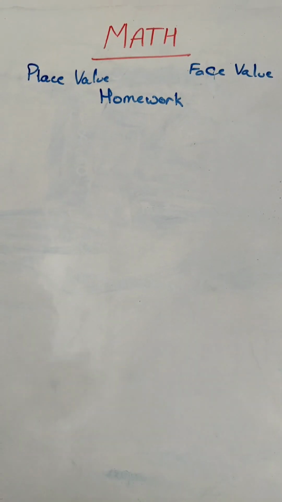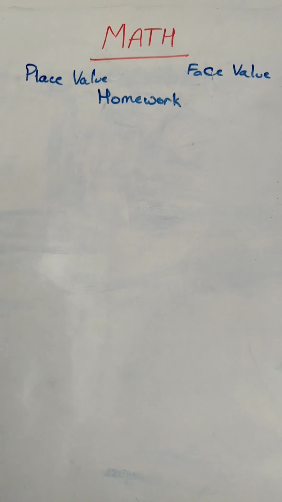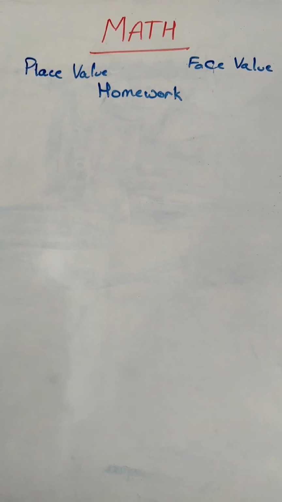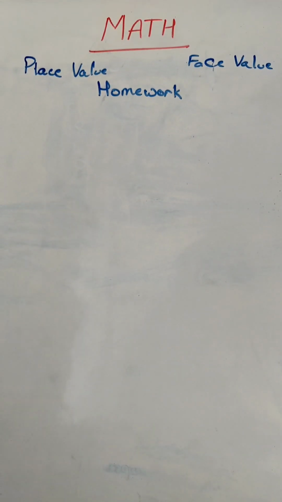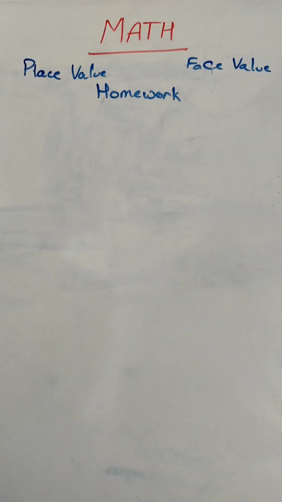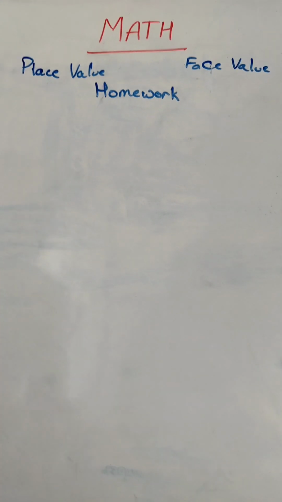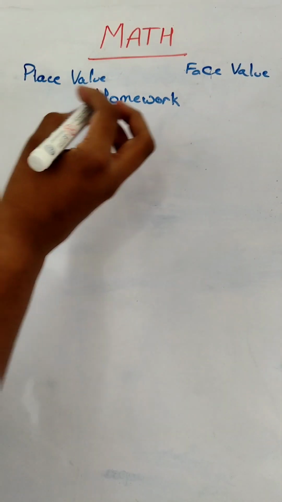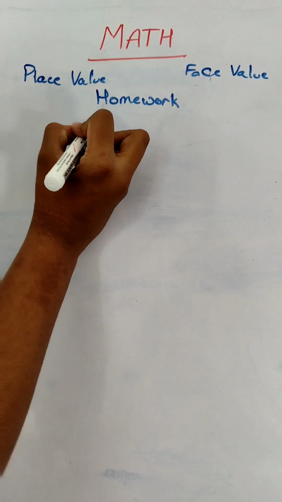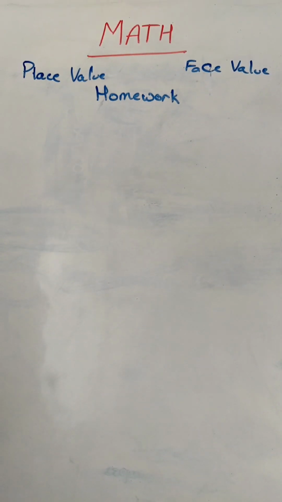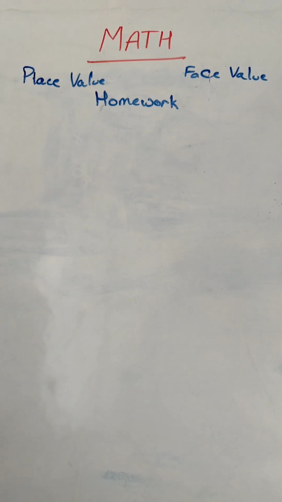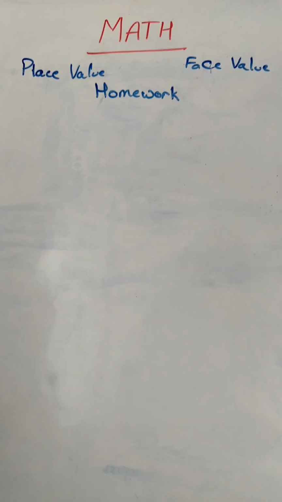Okay, so thank you for watching till now. Just before you leave, let's understand what today's homework would be. Today's homework for you guys will be two numbers. You have to figure out the place value of both the numbers and their face value. Comment your answers down below.